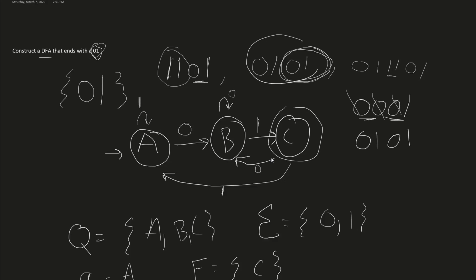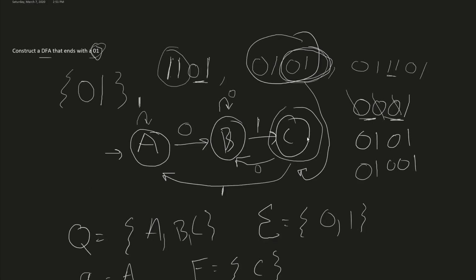This is actually a good example of why we need the 0, 1. This 0 goes here, and then the 1 is here. If it was 0, 1, 0, 0, 1, then it's accepted.